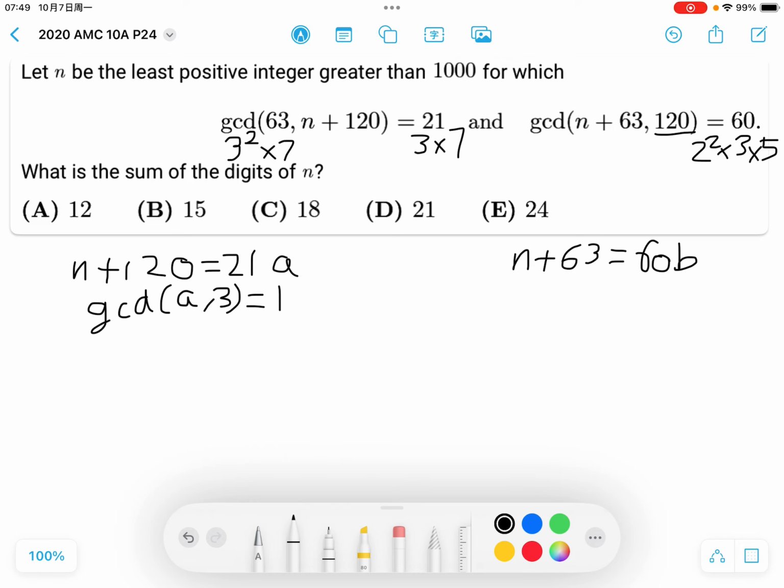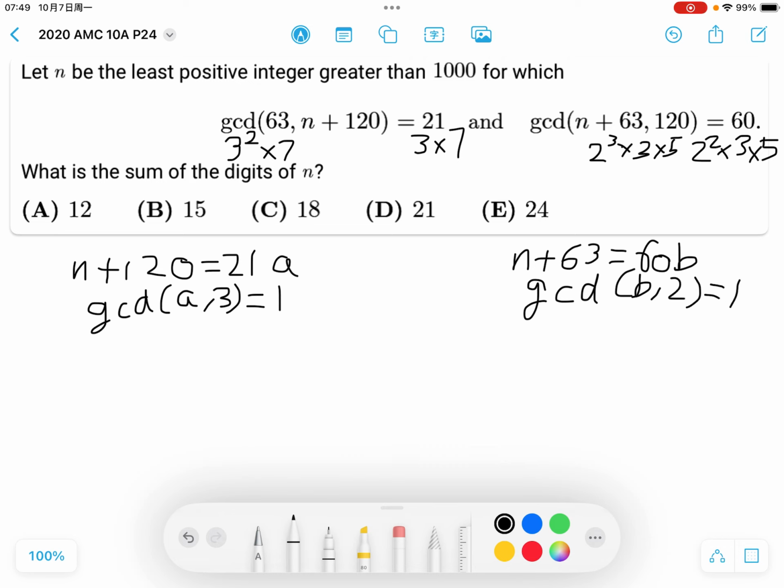Now 120 is 2 times 60, so 120 is 2 cubed times 3 times 5. Since the GCD only has 2 factors of 2, not 3 factors of 2, b only has 2 factors of 2. So 60b only has 2 factors of 2, so b is not divisible by 2. So the GCD of b and 2 equals 1.